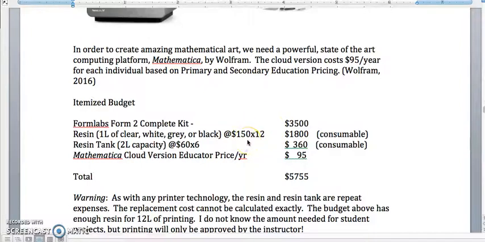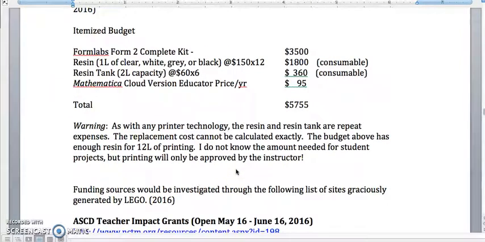I did try to incorporate some extra resin, so we have about 12 liters of resin, and you also need a resin tank, and those are consumable as well. So there is enough for 12 liters of resin to make, I don't know how much, but I'll have to figure that out later. Mathematica actually comes as a cloud version, educator price of only about $95 a year. So the grand total is almost $6,000.